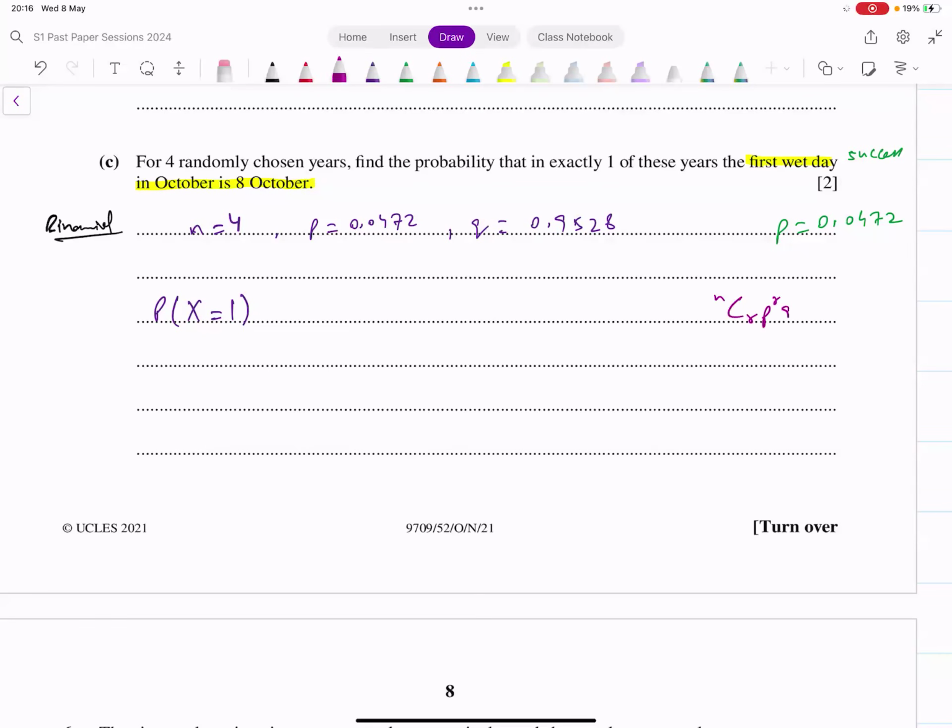nCr, p raised to the power r, q raised to the power n minus r, that will be 4C1 into 0.0472 raised to the power 1 into 0.9528 raised to the power 4 minus 1, which is 3, and that should give you the result. Let's see what that turns out to be.